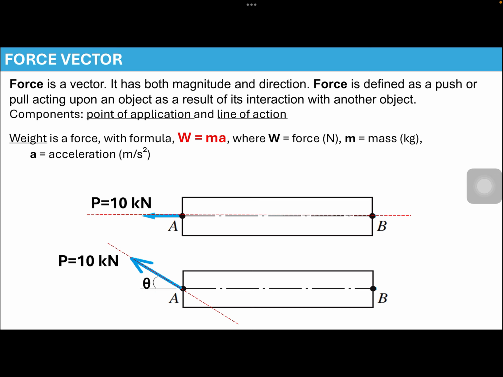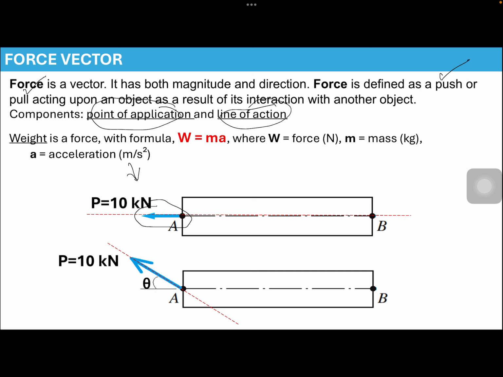And force can be defined as push or pull acting upon an object as a result of its interaction with another object. Components of a force, meron siyang point of application and line of action. For example, dito sa figure natin, this 10 kilonewton P is a force.